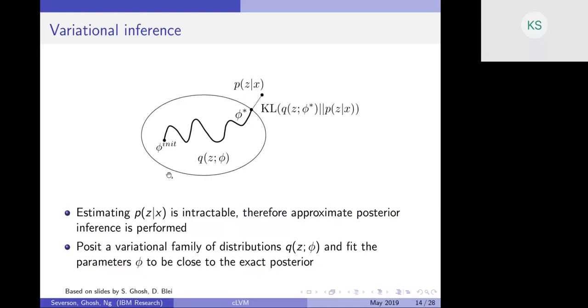So graphically, we have this space of variational approximations. We initialize our parameters at some point, and we use some optimization routine to get optimal values where we're as close as possible to the true posterior, where that distance is measured by the KL divergence.